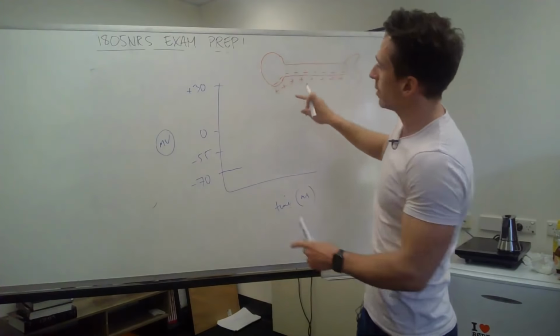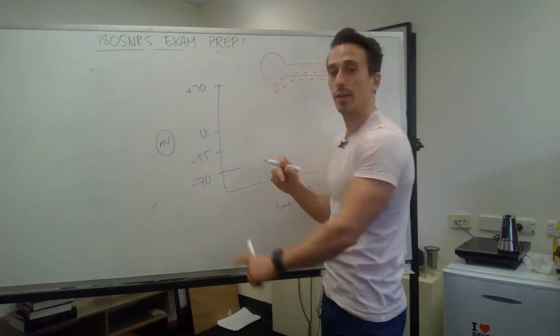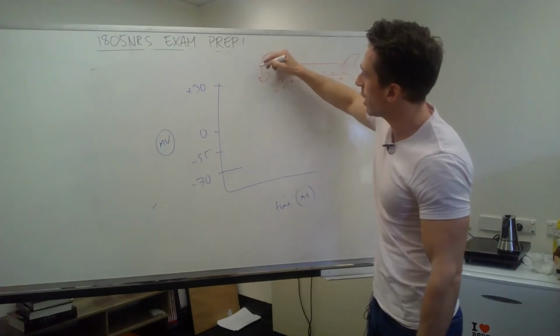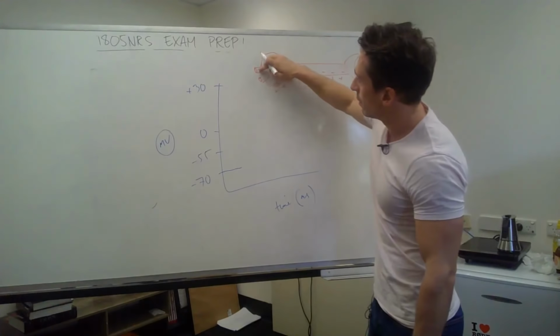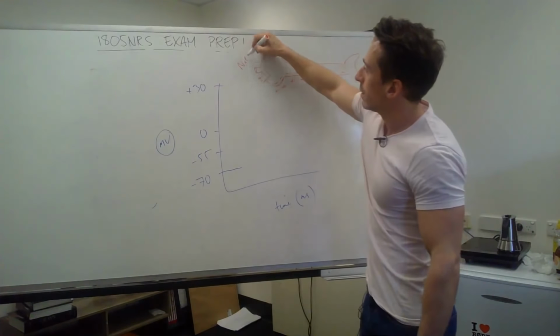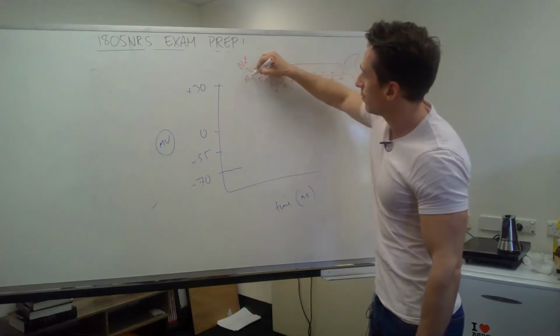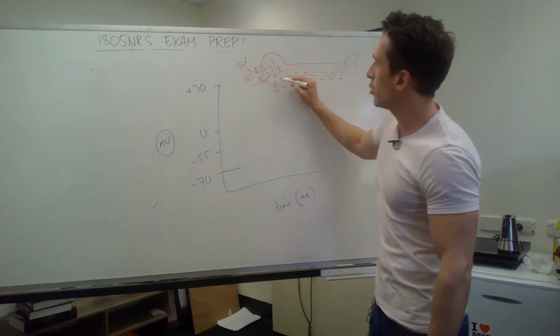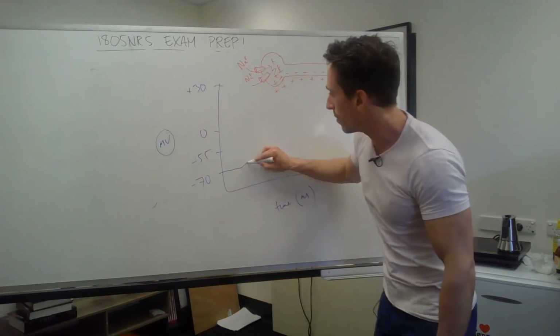I put an electrode in. The difference between outside and inside is -70. Now I slowly stimulate this neuron. It opens up some channels that are specific for sodium. Some sodium leaks into the cell, takes its positive charge with it, and makes this part of the neuron slightly positive. It starts to bump up.